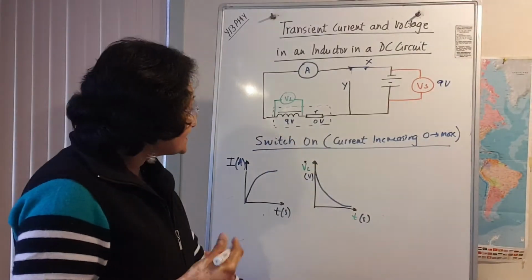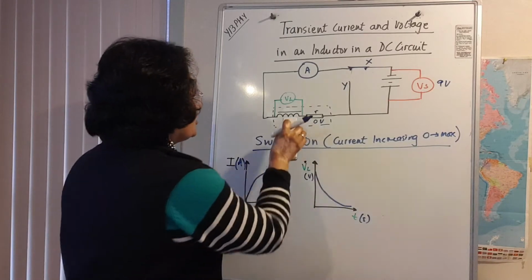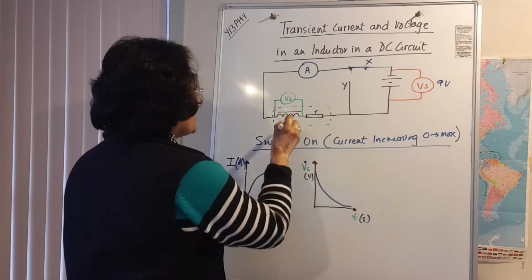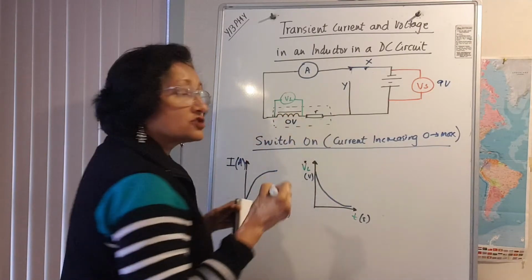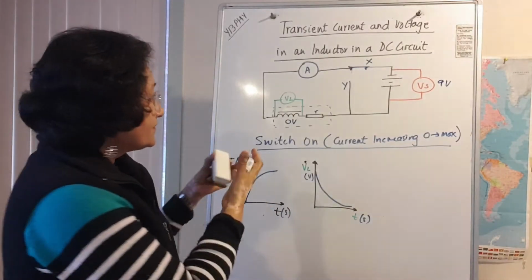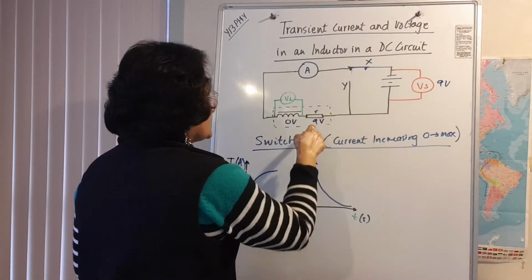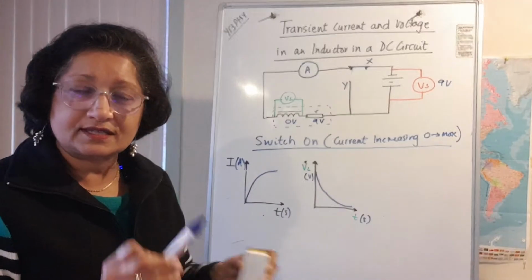When the current is steady and has stopped changing, there's not going to be any voltage induced across the inductor. However, all that voltage will be across the resistor, and that will be 9 volts. You see the change?